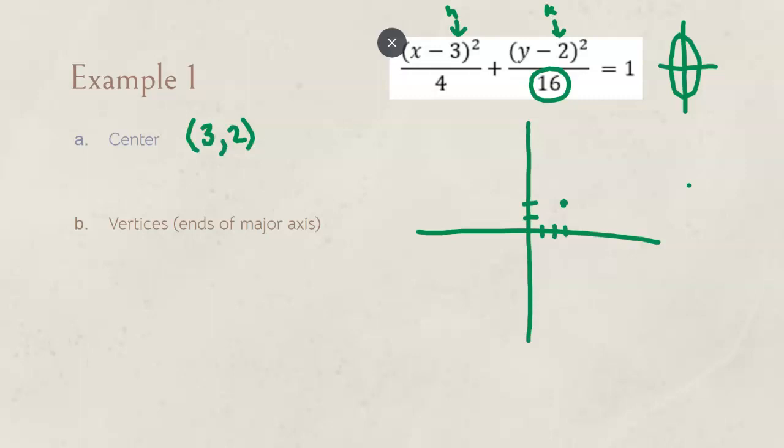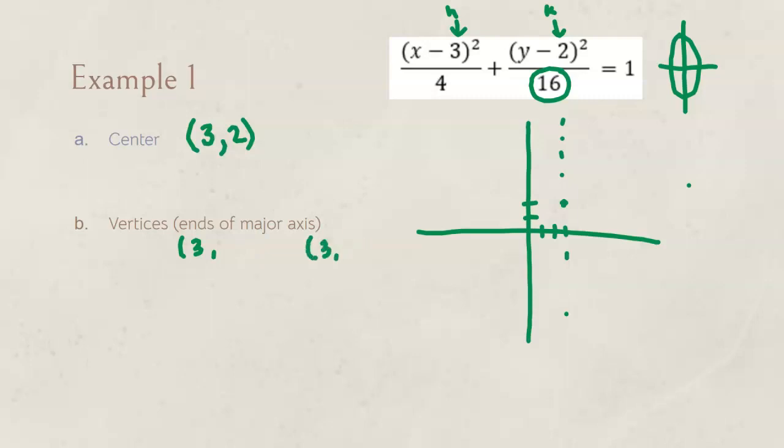The vertices are going to be at the ends of the major axis, which for us is parallel to the y-axis. And so the two vertices are going to have the same x-coordinate as the center, because they're going to be on this line here. And so they're both going to have an x-coordinate of 3.